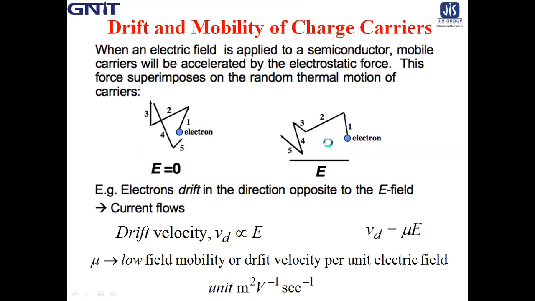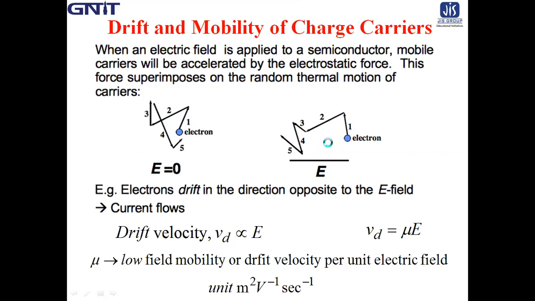Now these free charge carriers moving in a given direction suffer collisions with the fixed ions and change their direction. The average distance between two successive collisions is called the mean free path.